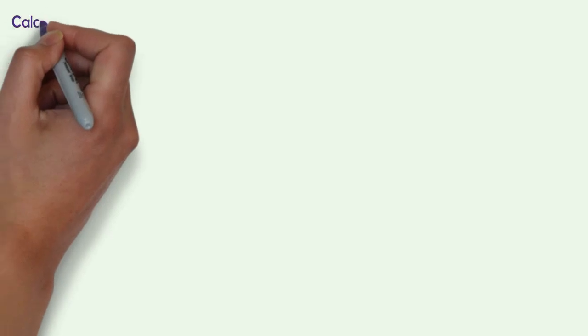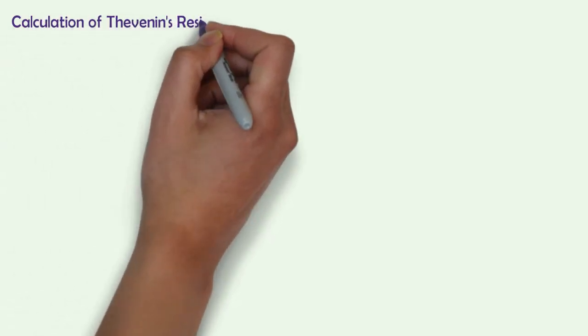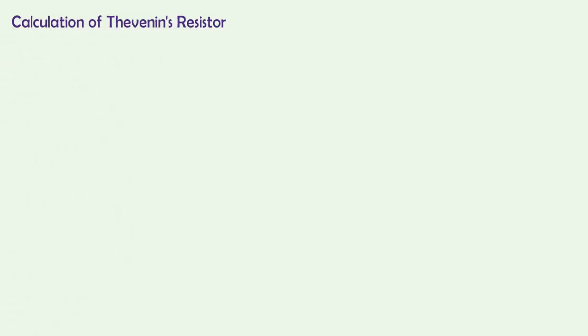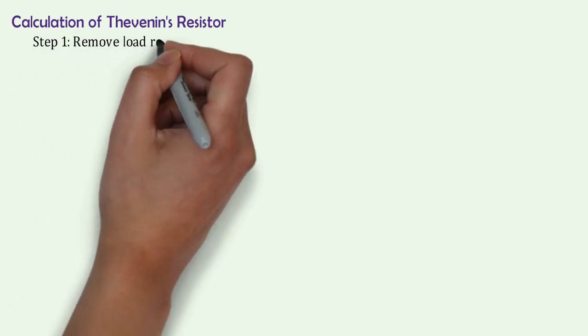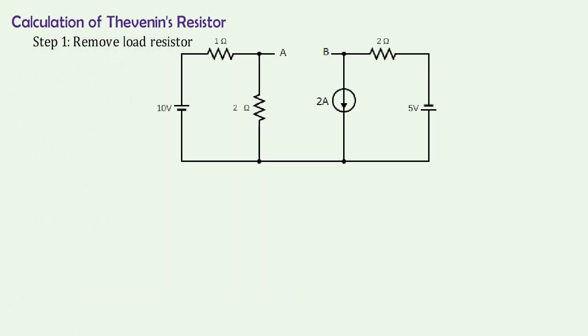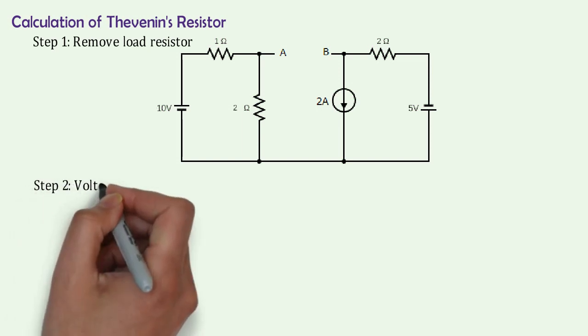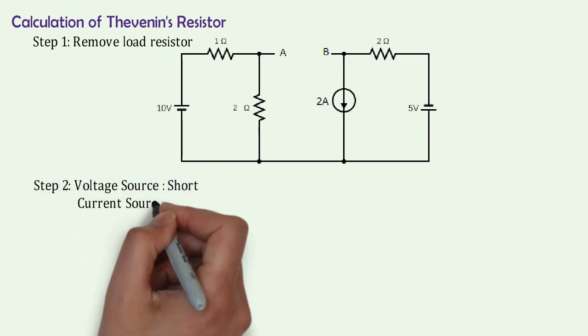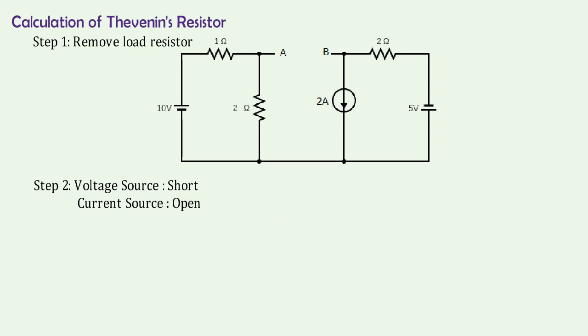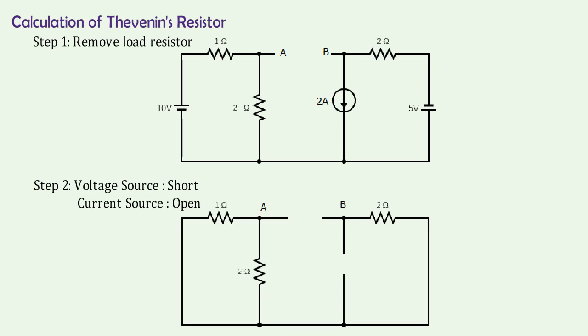After finding VTH, now in this portion we will find RTH. In the first step, we need to remove the load resistor and redraw the circuit diagram. After completion of this step, we need to short circuit all the voltage sources and open circuit all the current sources. So the circuit will look like this.